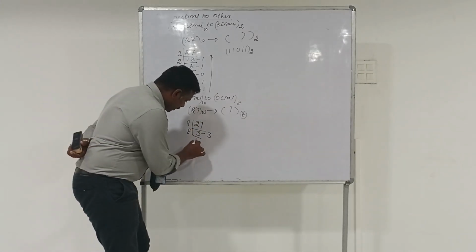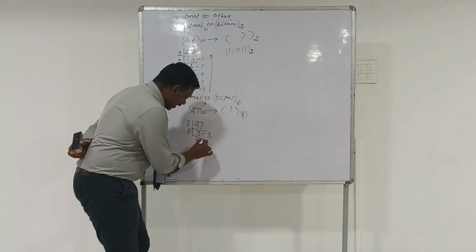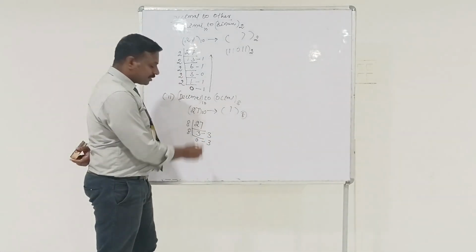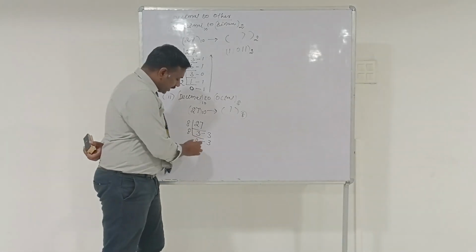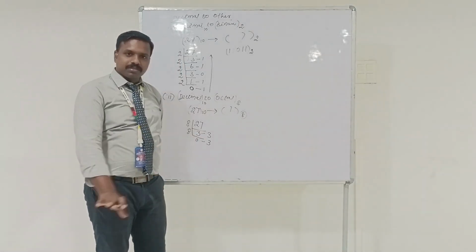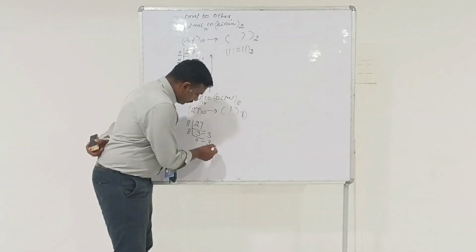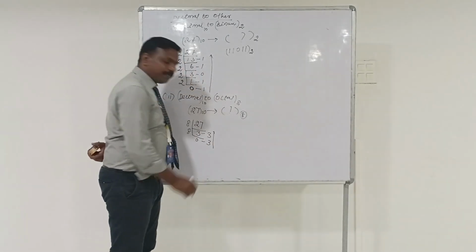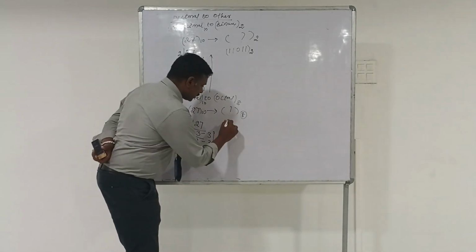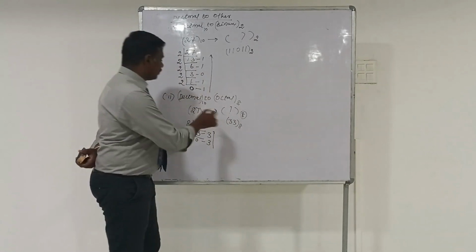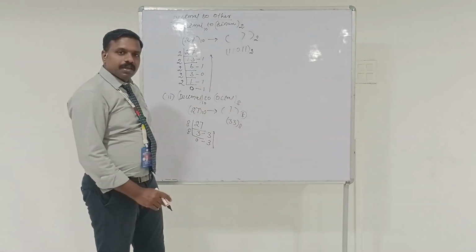The quotient is considered as 0, and this value acts as a remainder. Is it correct? Okay, so I get quotient 0, so I have stopped the process. So I have to write the value from bottom to top. So what is the answer here? 33 is the answer. This is decimal to octal.